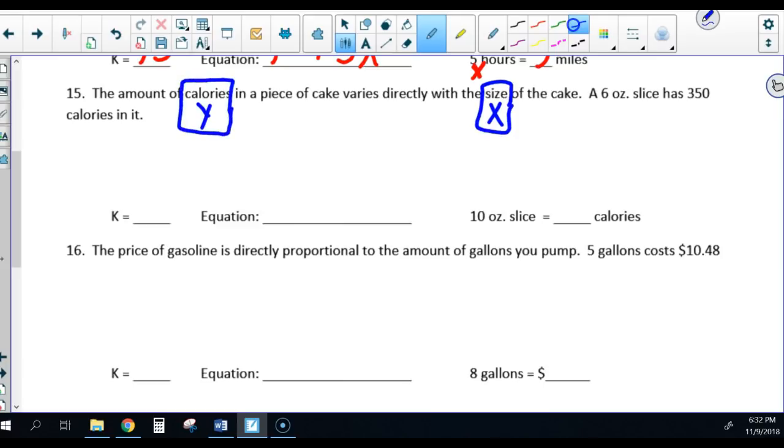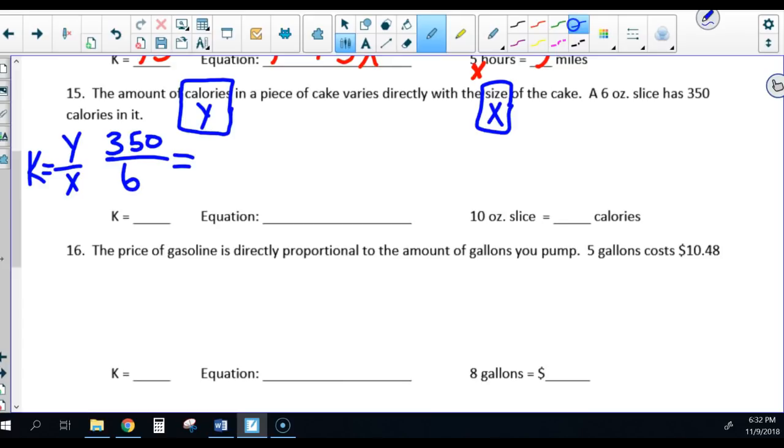So, got to figure out what x is and what y is first. 6-ounce slice of cake has 350 calories in it. k is y over x. y is calories. Calories is 350, divided by x is size. Size is 6 ounces. 350 divided by 6.